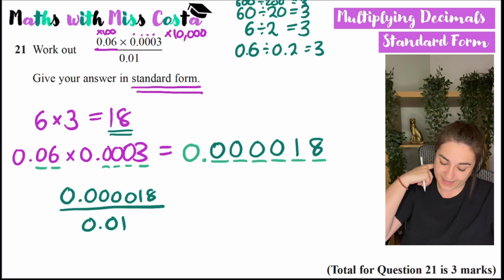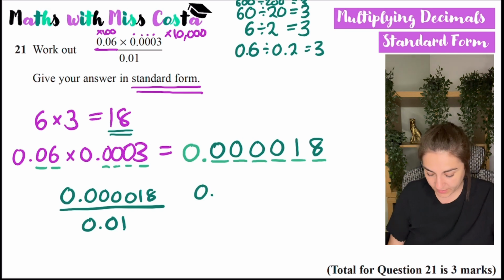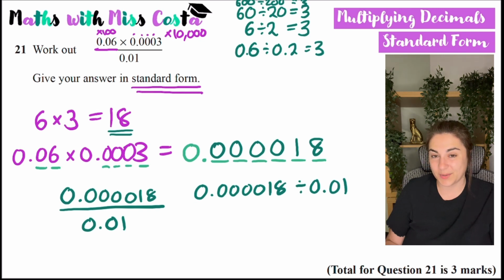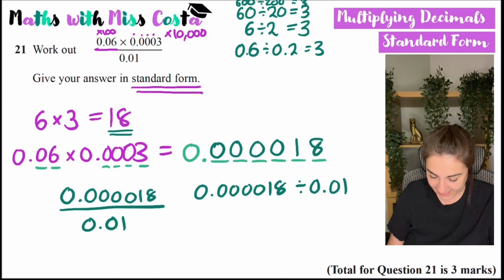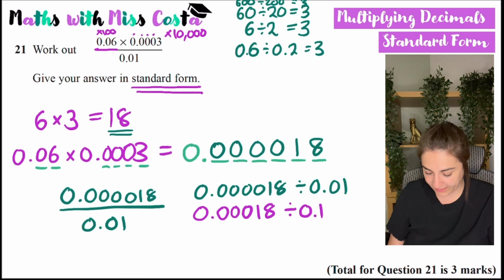So with dividing decimals, it's slightly different. So I've got 0.000018 divided by 0.01. What I want to do is multiply everything until I can get a value that is not a decimal. So if I multiply by 10 and then 10 again, so 100 in total, well, let's do it step by step. Multiply it by 10, that would be 0.00018 divided by 0.1.